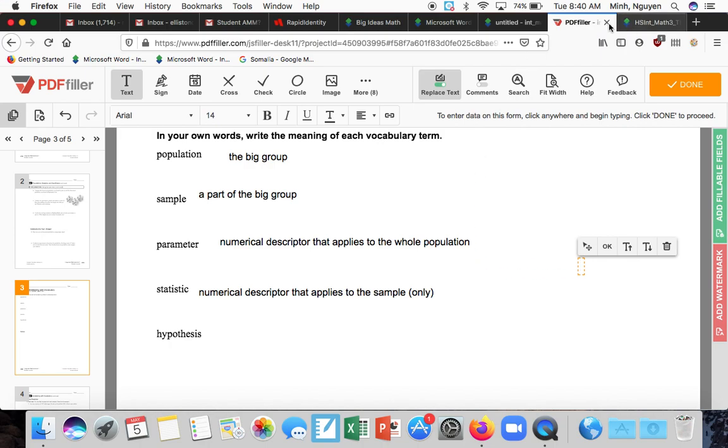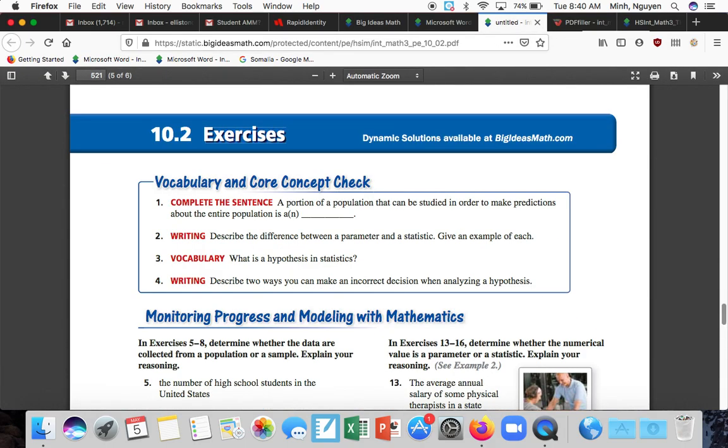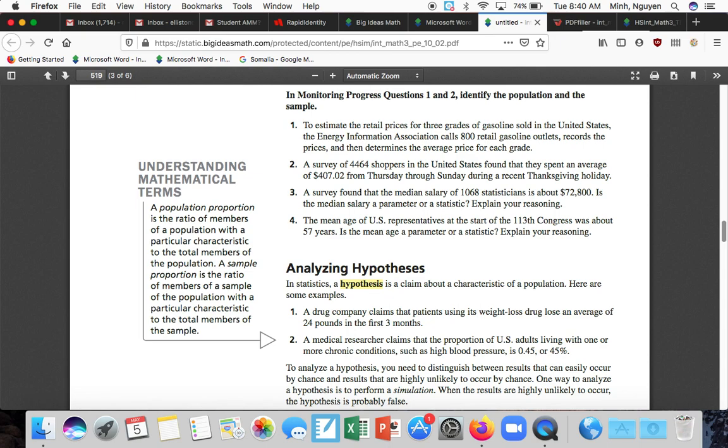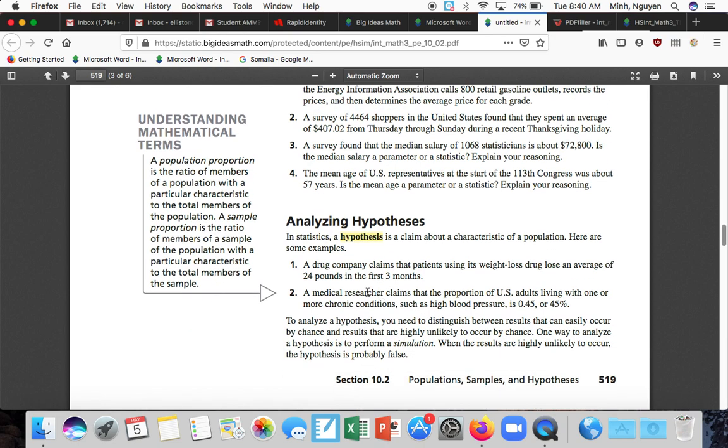And then lastly, a hypothesis. A hypothesis in a science context is an educated guess. In stats, a hypothesis is a claim about a characteristic of a population. You are saying something about the whole group. In the textbook there are a couple of examples. A previous example I gave is that a quarter of Math 3 students have white as their favorite color.